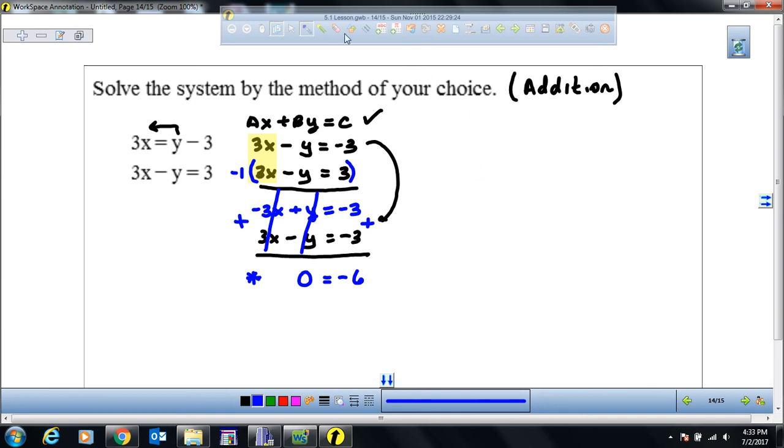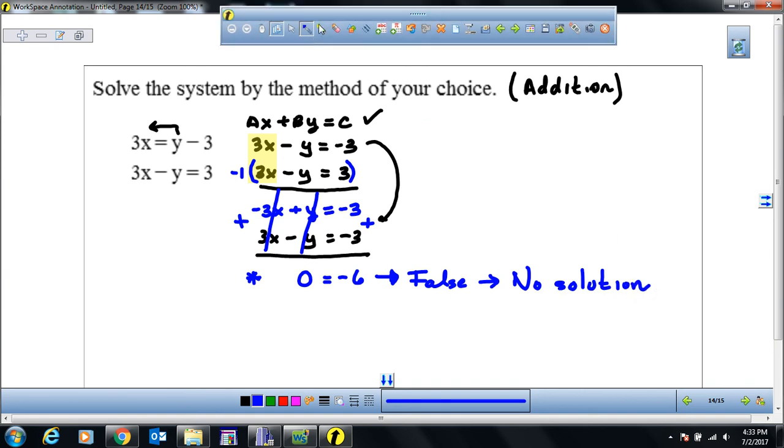All we have to do to determine whether it is no solution or infinitely many solutions is determine if this statement is true or false. 0 equals negative 6, that is not true. So we're going to say that this is a false statement because 0 is not equal to negative 6. If it gives you a false statement, that automatically means that this system has no solution, or the system is inconsistent. Remember, the definition of inconsistent means that it has no solution.